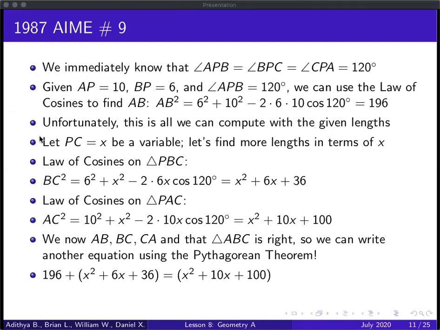And so we have 196 plus x squared plus 6x plus 36 equals x squared plus 10x plus 100. And so this is just a linear equation, and we can just find what x is. So x comes out to 33 in this case.